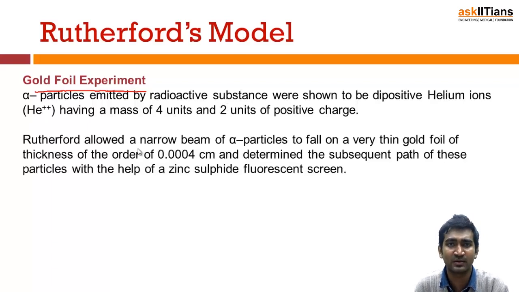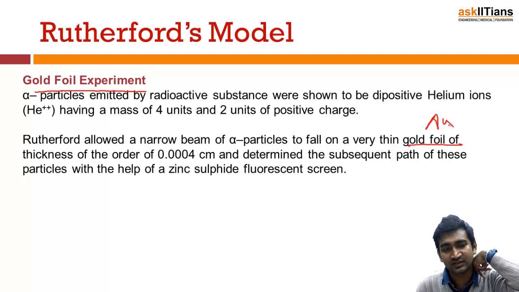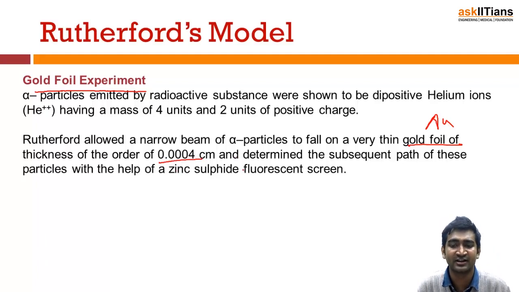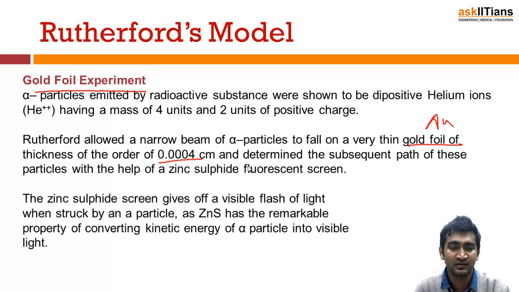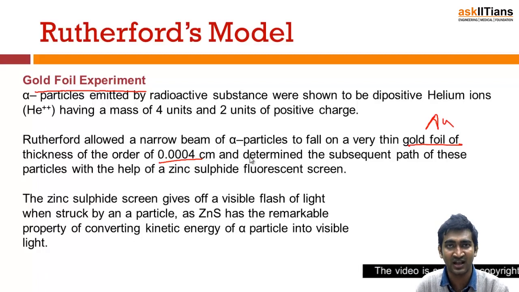He allowed a narrow beam of alpha particles to fall on a very thin gold foil, Au, of thickness of the order of 4 × 10^-4 cm, and determined what paths they take, with the help of a zinc sulfide fluorescent screen. The zinc sulfide screen gives a visible flash of light whenever alpha rays hit it. In that way, the kinetic energy of the particle gets converted into visible light.